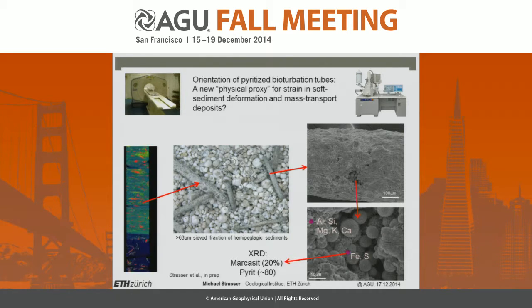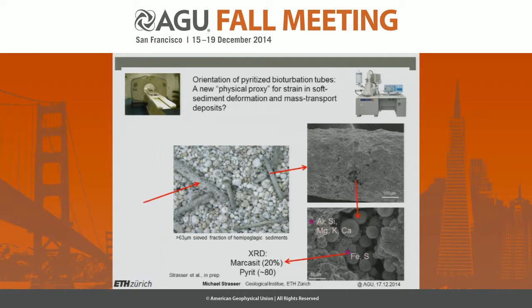When we looked at them under the scanning electron microscope, we found small crystals, and we also did some energy dispersive spectra to see the chemical components. We found clays coated around it, and then iron and sulfide inside these tubes.